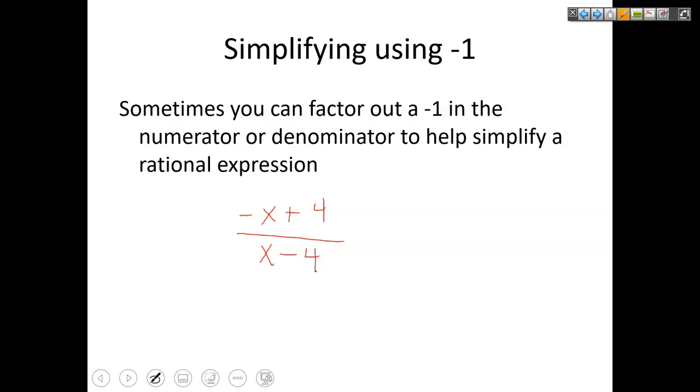If you take a -1 out of your top, are these now the same? Yeah. So that's what I'm saying when I say to simplify taking out a -1. Sometimes if you take out a -1 from a problem, then they match. So you just want to make sure you look for that. You want to look for opposite signs to cancel.